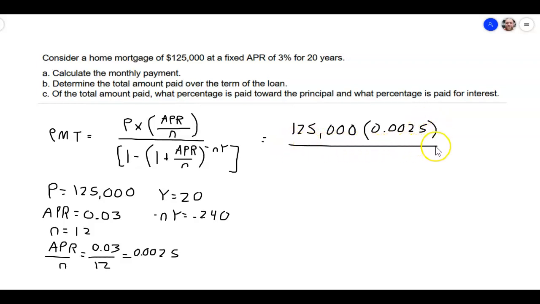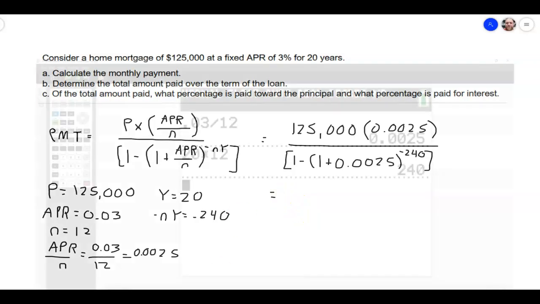And in my denominator, I'm going to have 1 minus 1 plus 0.0025 raised to the negative 240. All right, and let's put this in the calculator.